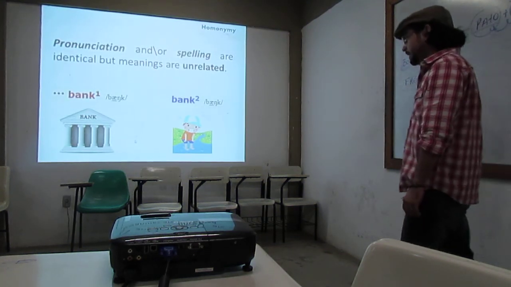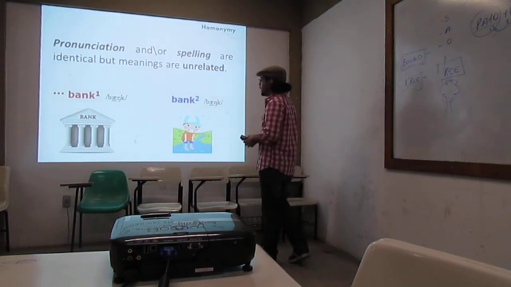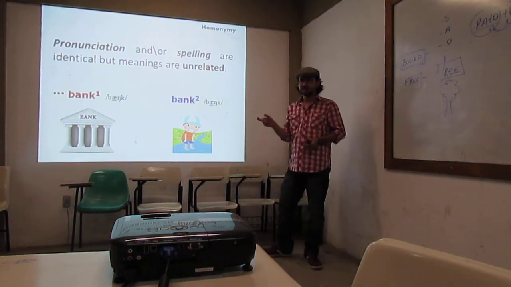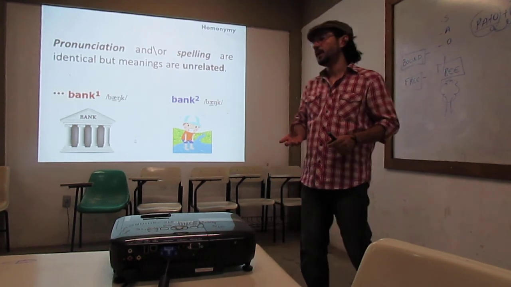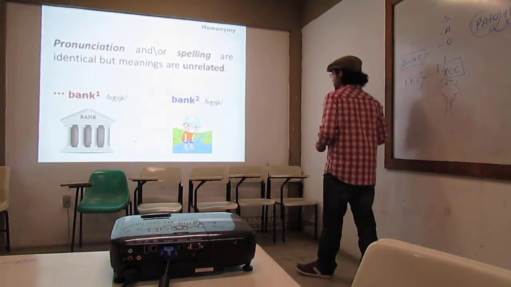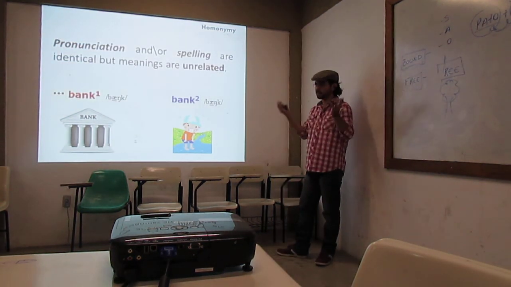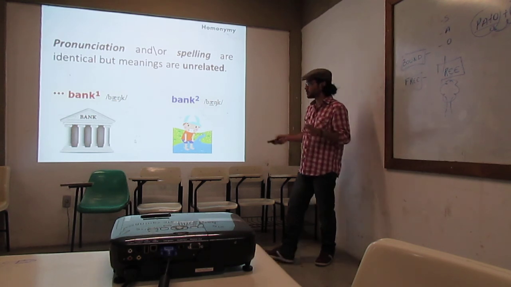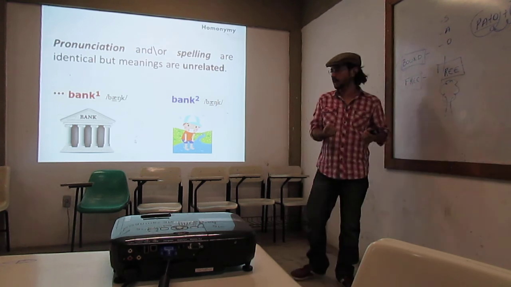Okay. In English, sometimes, or in any language all over the world, we have similar words. Sometimes they have the similar meanings, but sometimes they have different meanings. Different sentidos. Like bank. The majority of people here probably knows bank as an institution where we can put money or get some money.